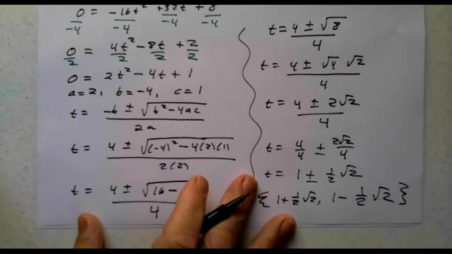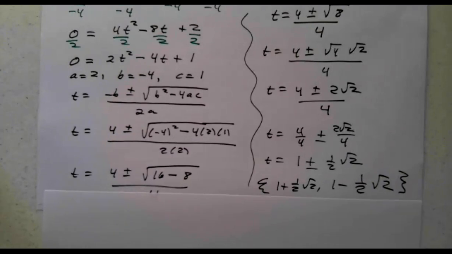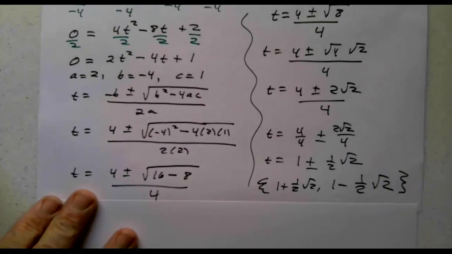But it's a word problem, and I'd like to get an idea about how many seconds that is, right? So let's use a calculator to approximate those. I want to see what is 1 plus 1/2 root 2 and what is 1 minus 1/2 root 2.